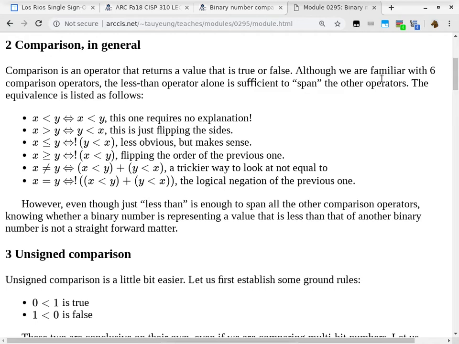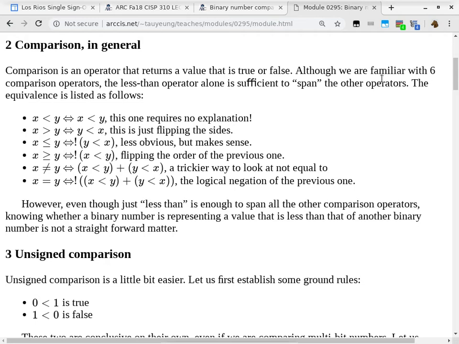That was implemented by 2 P channel MOSFETs and then 2 N channel MOSFETs that implement a single NAND 2 gate. But all the other logic gates, not, and, or, they can all be implemented using the NAND 2 gate. So that means to do all the comparisons in C and C++, all you really need is less than and a NAND gate, or multiple NAND gates. But construct-wise, that's the only kind of logical operator that you need.